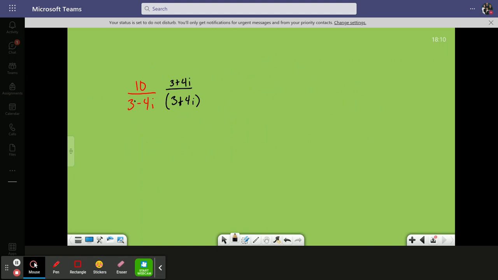So to simplify this, I got to distribute that 10. So I've got 30 plus 40i. 10 times 3, 10 times 4i. Now, 3 times 3 gives me 9. 3 times positive 4i gives me a positive 12i. Negative 4i times 3 gives me a negative 12i.